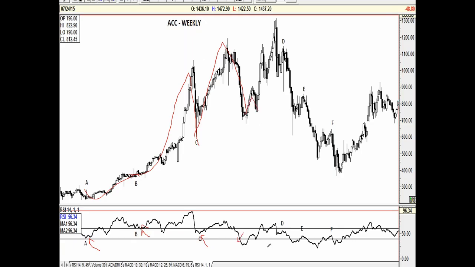Again this move didn't carry to the oversold zone, moved up, again came down, and now at point D it is not able to carry itself above 60. At point E it is not able to carry itself above 50. At point F it is not able to carry itself above 40 or above 50.